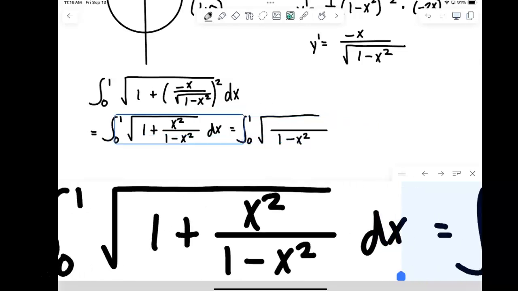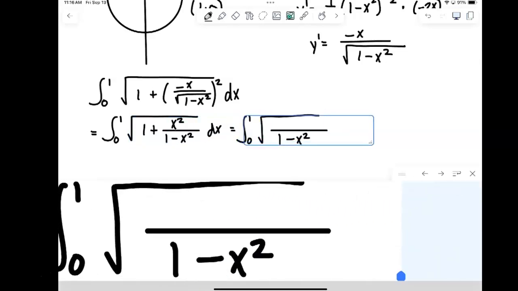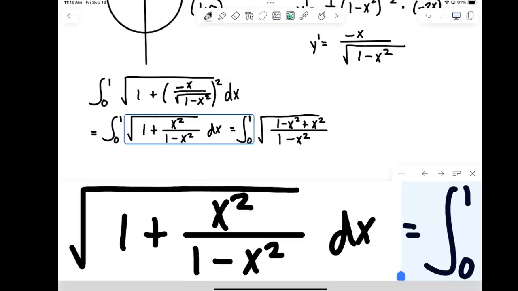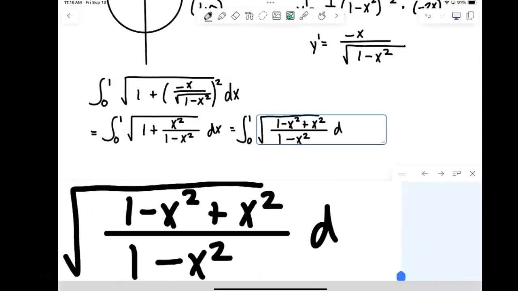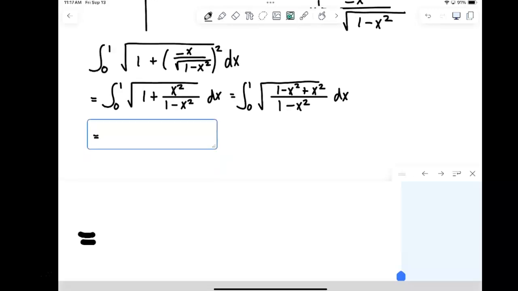And so, of course, for 1, I'd have to multiply the top by 1 minus x squared. That would make its numerator be 1 minus x squared. And then that's plus the other x squared. And this is dx. So the x squareds go out. And I just have square root of 1 over 1 minus x squared.